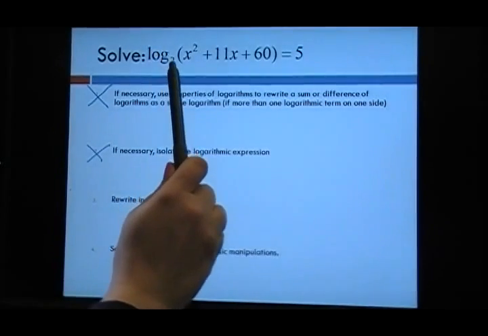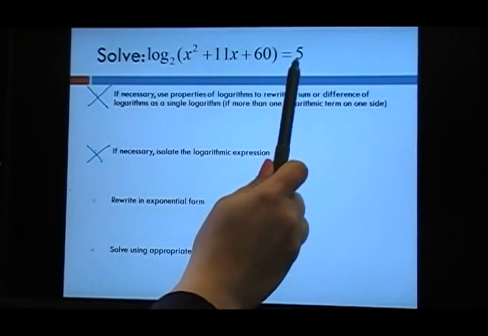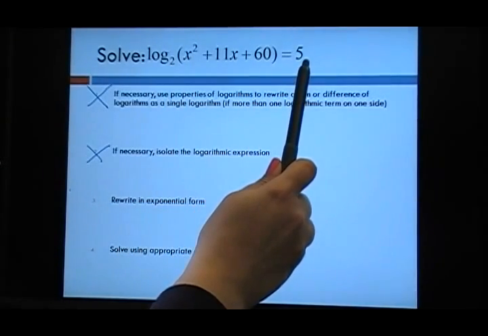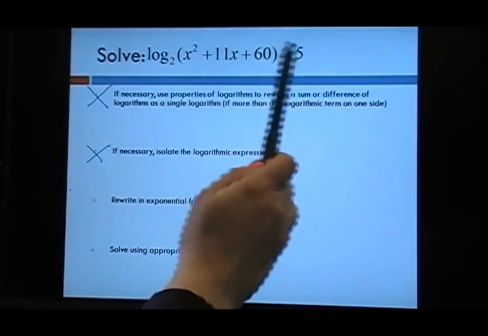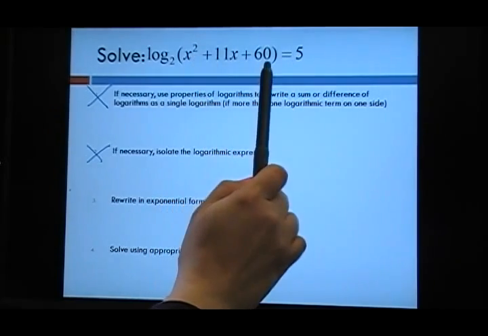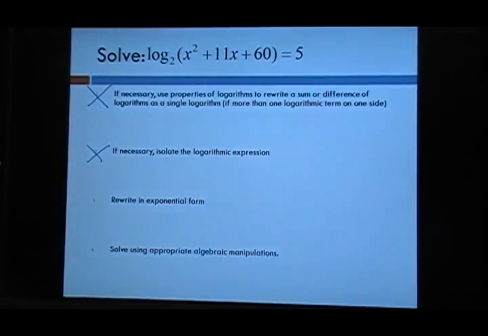So if log base 2 of this is equal to 5, this is saying that if I take 2 to the 5th power, I will get this. So that is my exponential form: 2 to the 5th power equals x squared plus 11x plus 60.